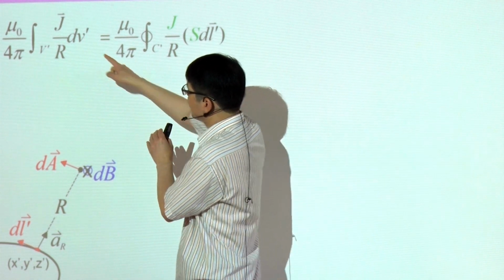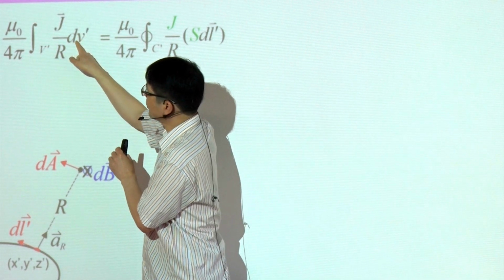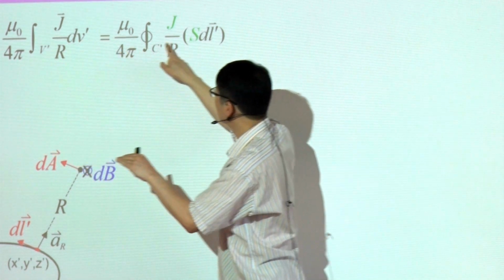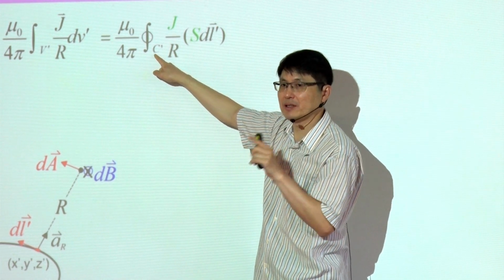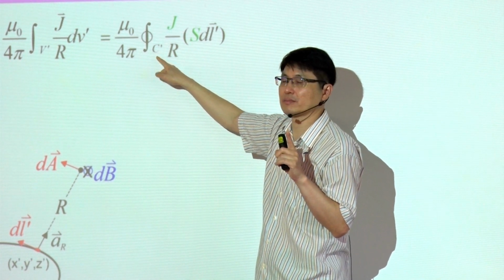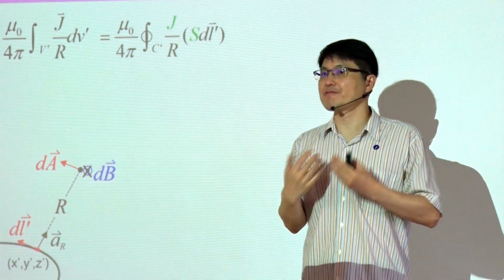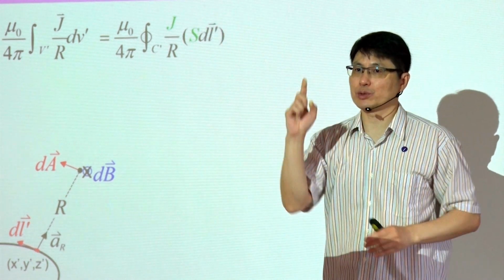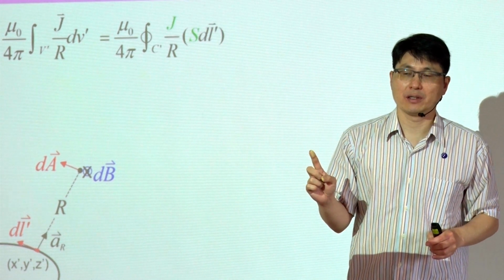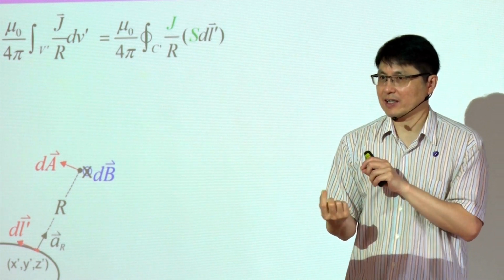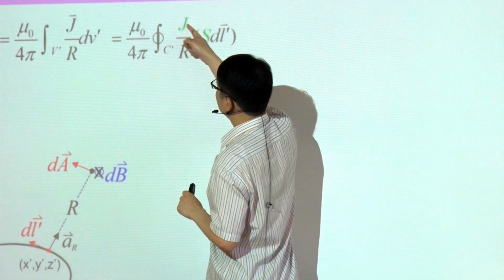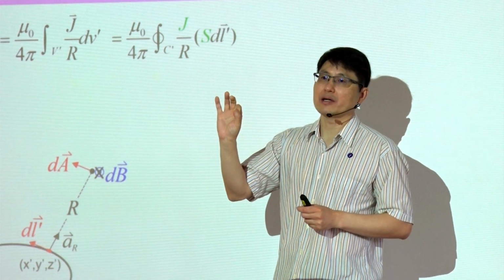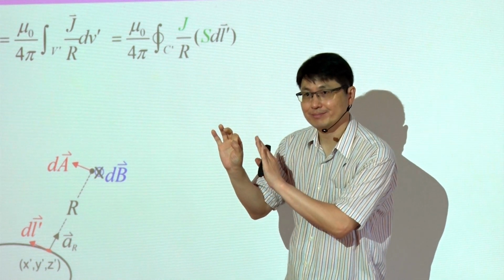So they somehow performed the volume integration. They reduced the volume integration into a closed loop line integration. How were they able to convert the volume integration, a three-dimensional calculation, down to a one-dimensional line integration? They realized the fact this loop is made of a conducting wire. So that conducting wire has a certain area, right?